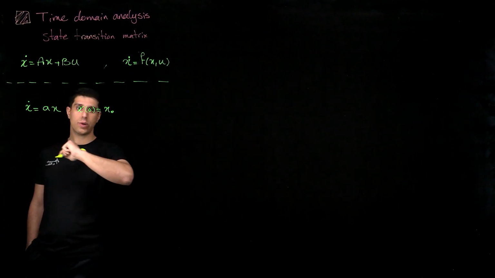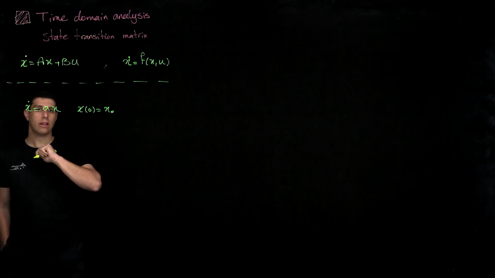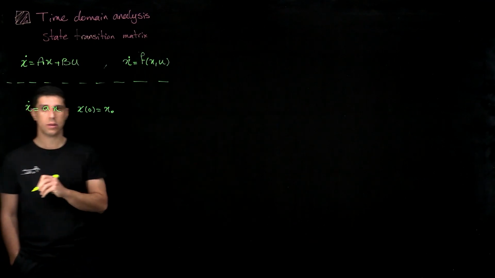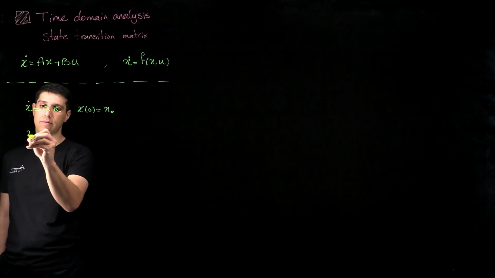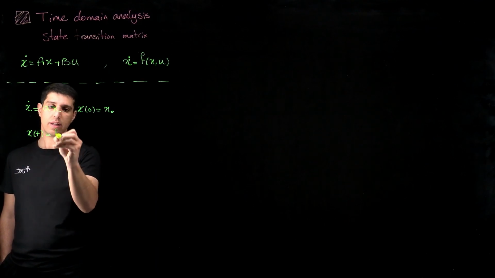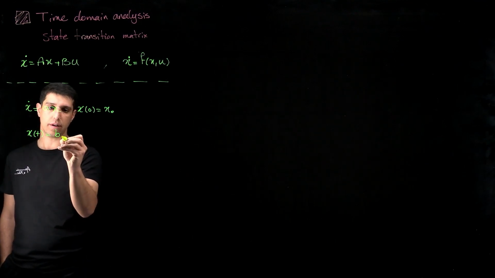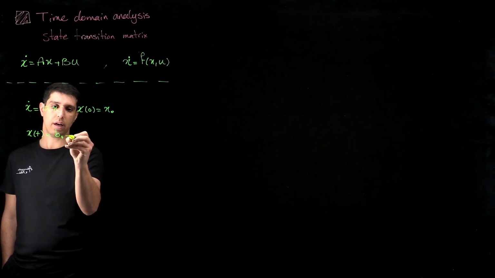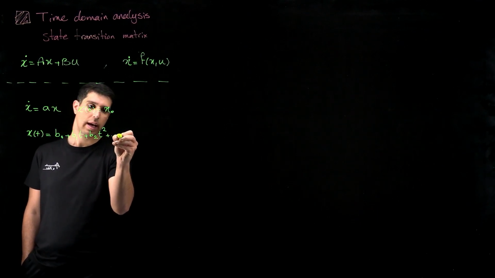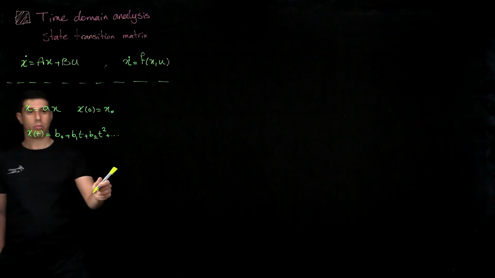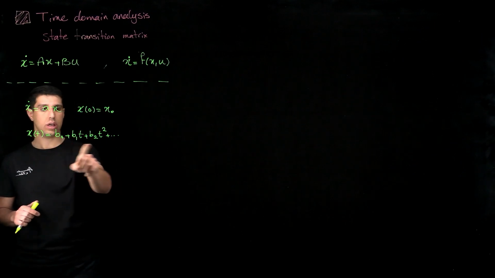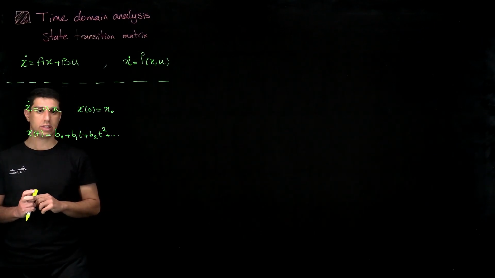And in your differential equation course, you may remember that one way we can solve this problem is to use Taylor series. So pretend I have this x of t. It is a function that I don't know, but I can write it as a Taylor series of unknown polynomials. So b naught plus b1 t plus b2 t squared, and so on. So we can essentially approximate any or write any function using a Taylor series.